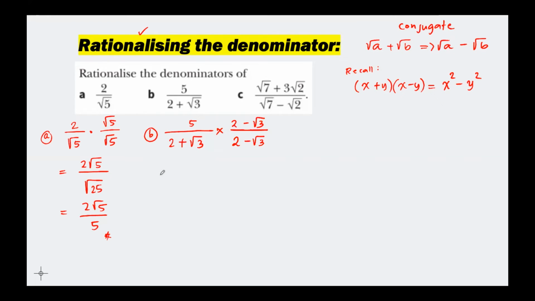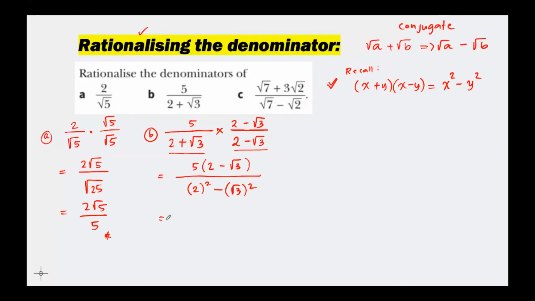So if that is the case, what happens in the denominator is like this. You see, this is 2 plus square root of 3, and this is the conjugate. By applying this property, we're going to end up having 2 squared minus square root of 3 squared. So that is the expanded form. And the numerator is just 5 times 2 minus square root of 3.